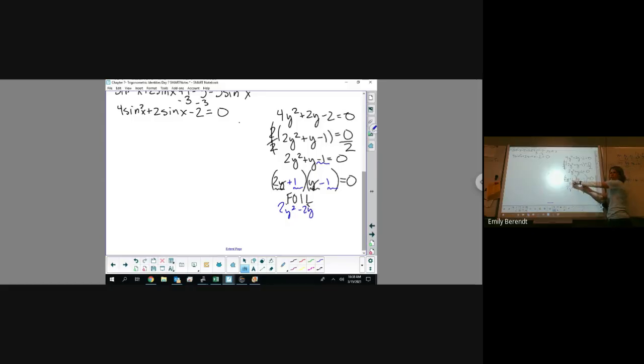Here and here is a positive y. Here and here is your -1. What does this give you? A -y. Are these factors correct? Why not? We need a positive y. So what does that tell you that you need to do? Yeah, you need to switch.